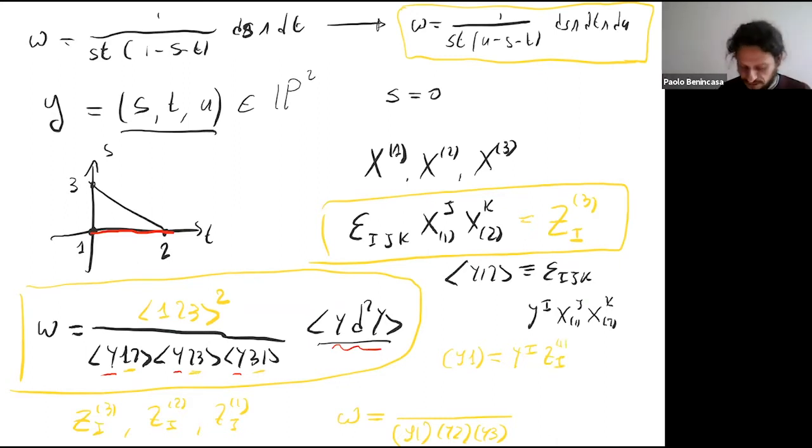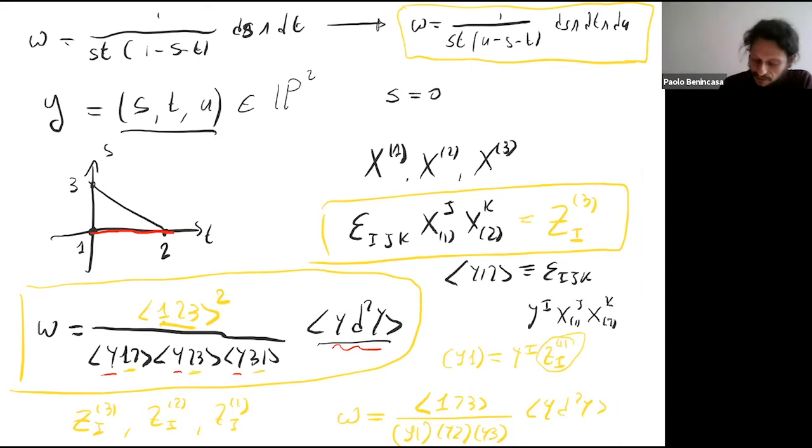Okay, here the measure is still the same, and here for projectivity we have just 1, 2, 3, where now these 1, 2, 3 are not these ones, but rather are these z's.